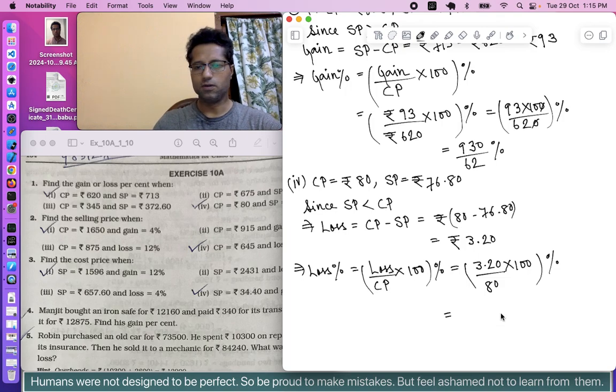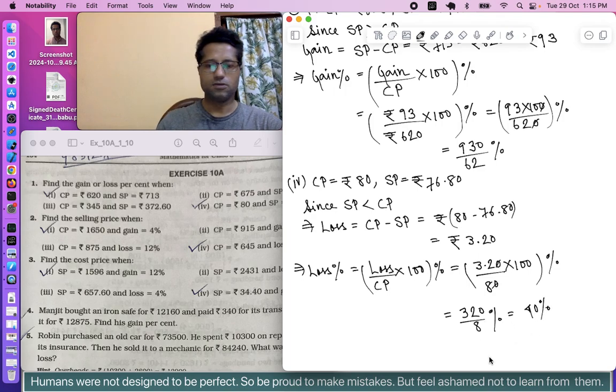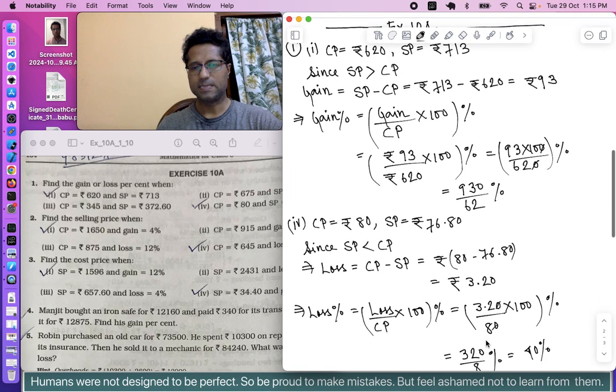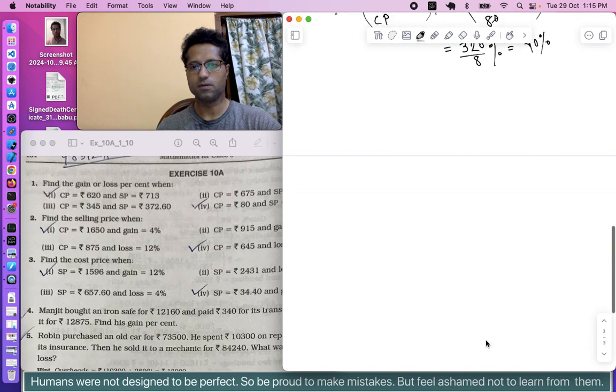The 0 cancels out, so this is equal to 320 by 8 percentage, which is equal to 40 percentage. So there is a loss and the loss percent is 40%. You can pause the video and take a screenshot of the solution if you think it will help you. Okay, let's do problem number 2.